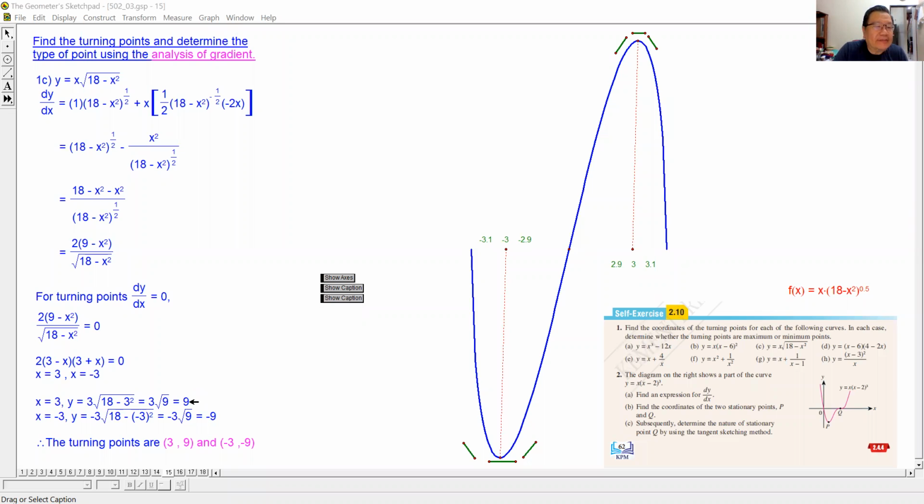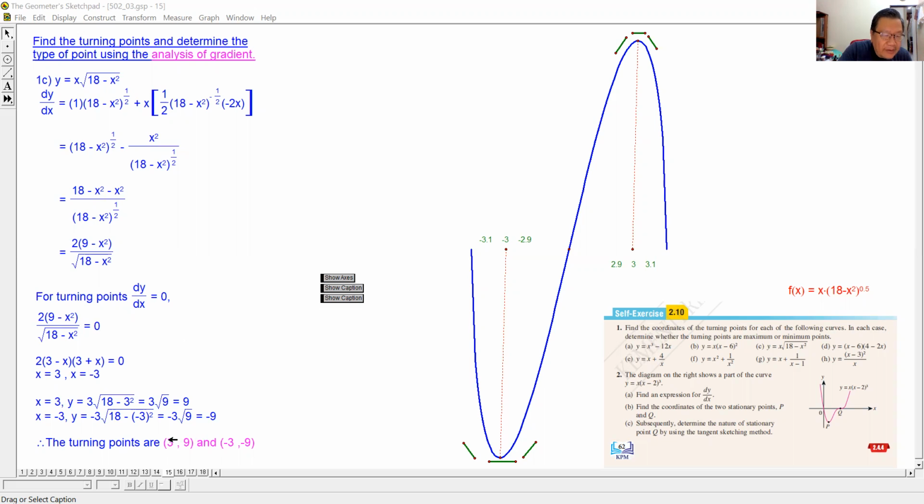Then the negative 3 also, substitute back into the y. Don't substitute into dy dx, right? Substitute back into the y, and here negative 3, and here also negative 3. So you end up having negative 9. So we have two pairs of values, x equals to 3, y equals to 9.